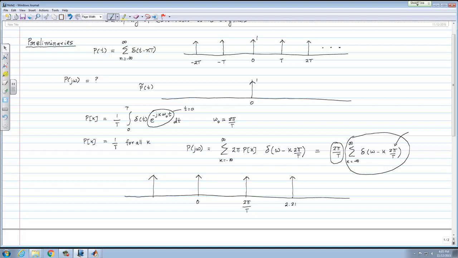So this is 2 times 2 pi over t, so on and so forth. And the strength is 2 pi over t. Does that make sense? This result will be important in the class, so if you have questions, please ask me now.